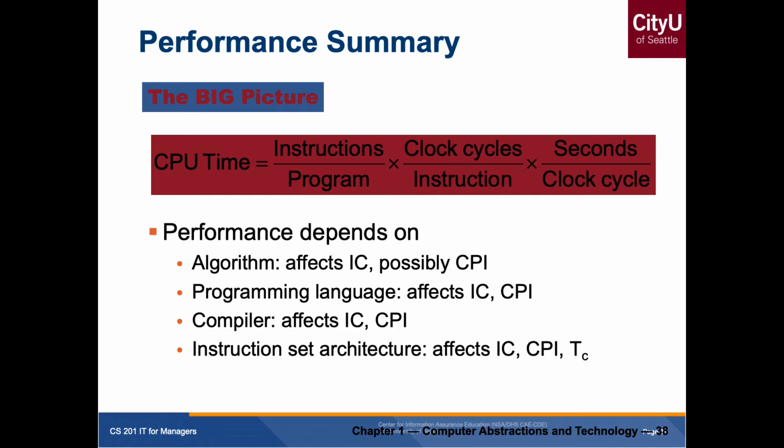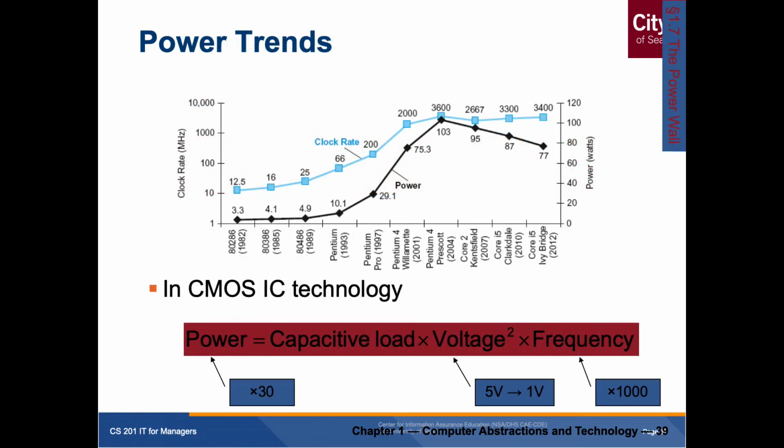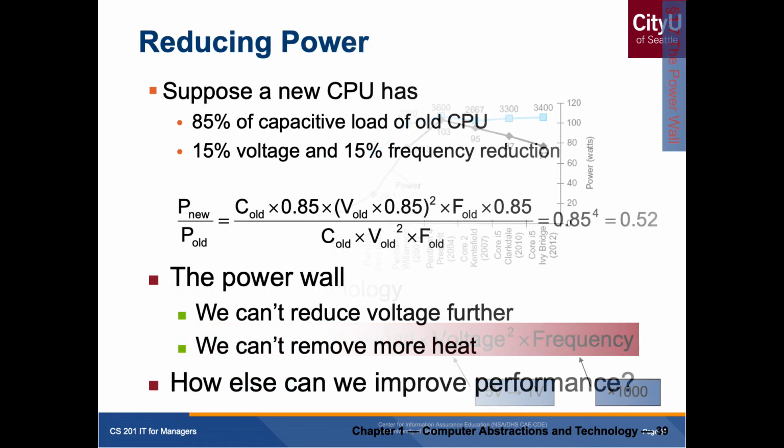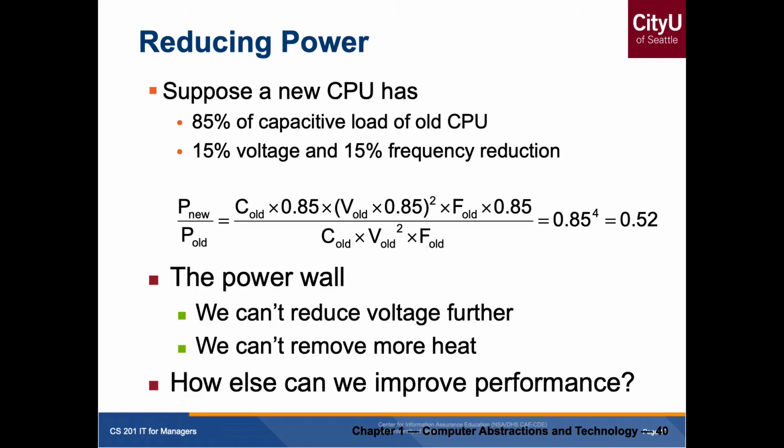Structured programs, clock cycles, power trends, right? Capacitive load times voltage squared times frequency. More computation, and again, remember the CPU. You would try your best to have a cooling mechanism as well.